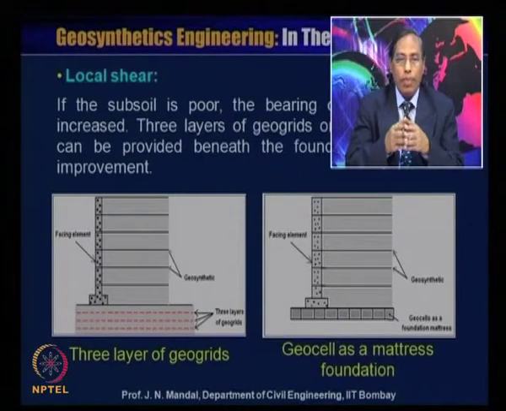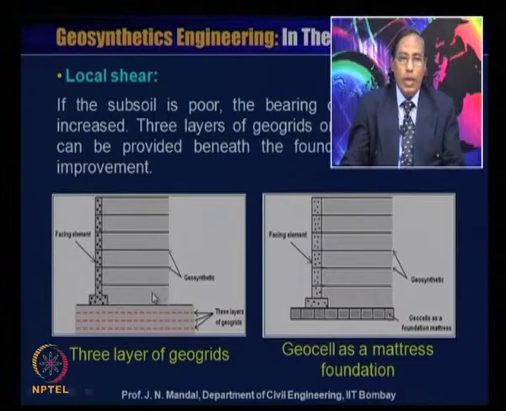You can also use a number of layers of reinforcement to improve the bearing capacity of the foundation soil, or you can go for the geocell, which gives a very good confinement effect.